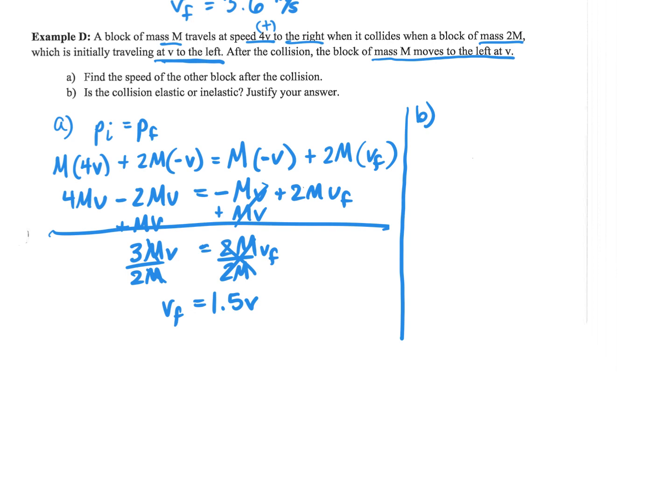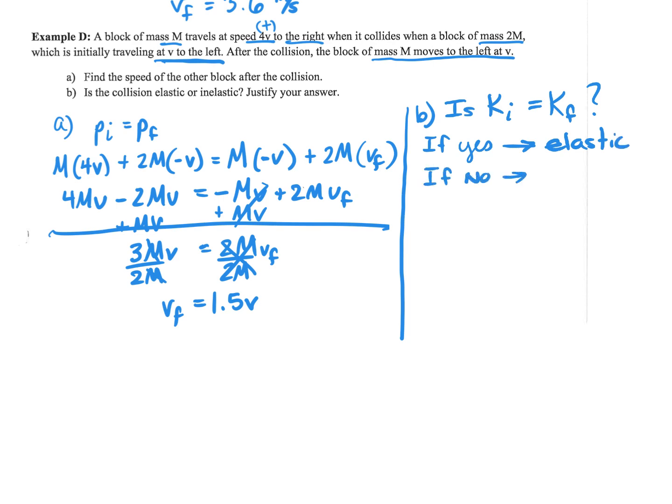So we've got to see, is kinetic energy initial equal to kinetic energy final? If the answer is yes, then it is elastic. If no, it is inelastic. So let's figure it out.